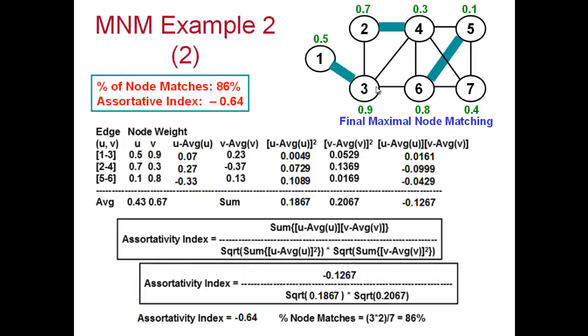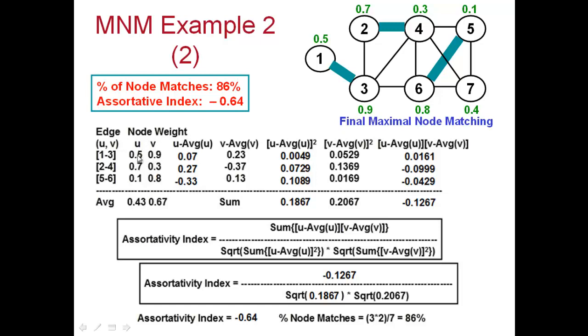We are going to use the node weights only for computing the assortative index of the set of edges that are chosen for maximal node matching. So these are the node weights, and the assortative index is nothing but the Pearson's correlation coefficient of the two sets of vertices u and v. So here u and v are these values.